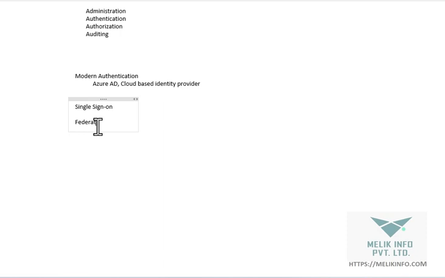For example, you have on-premise and you have cloud, and you configure single sign-on between both, so that will be known as federation, federated trust, or federated service.